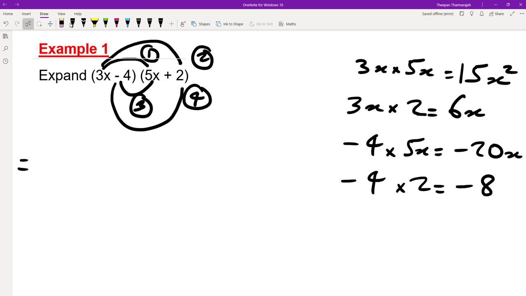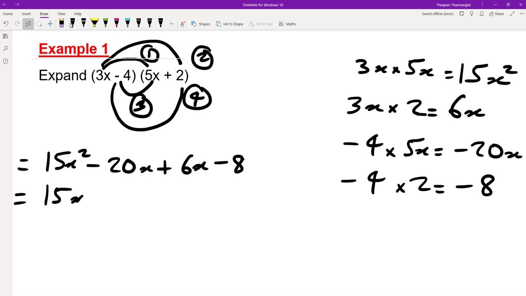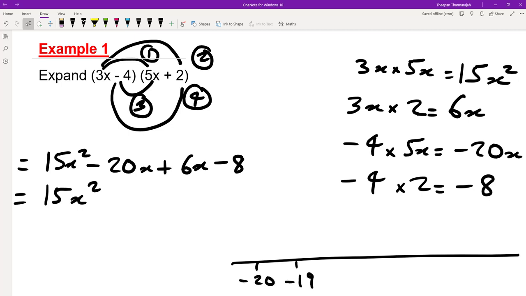So this will give me 15x squared minus 20x plus 6x minus 8. So 15x squared. Now think about this. So we're going to start from minus 20, minus 19, minus 18, minus 17, minus 16, minus 15, and minus 14.